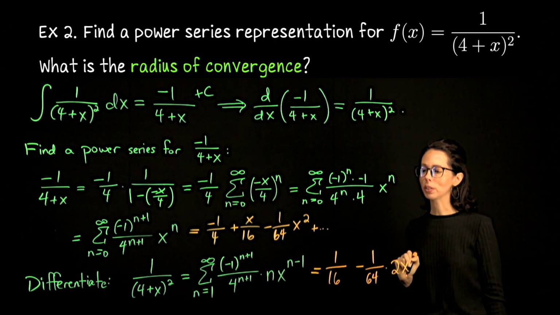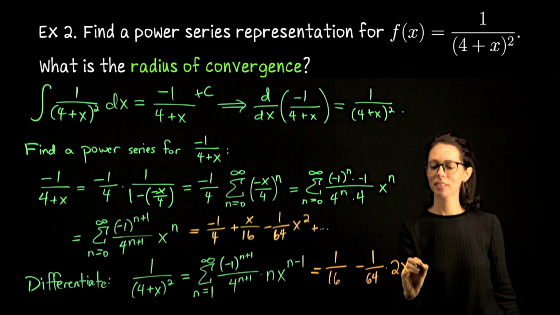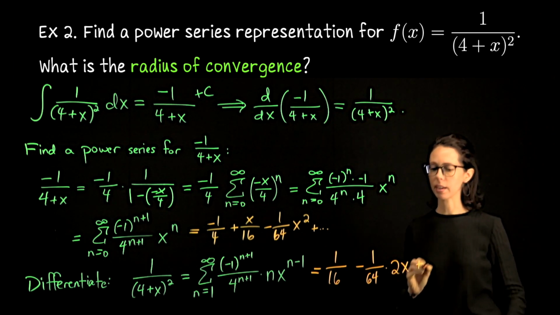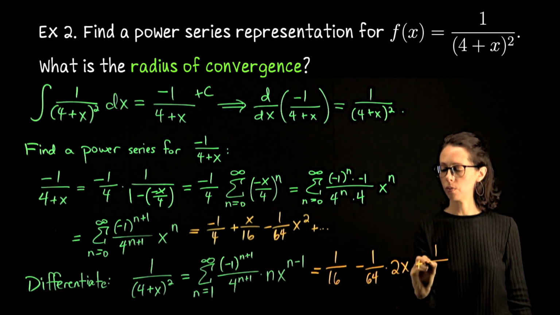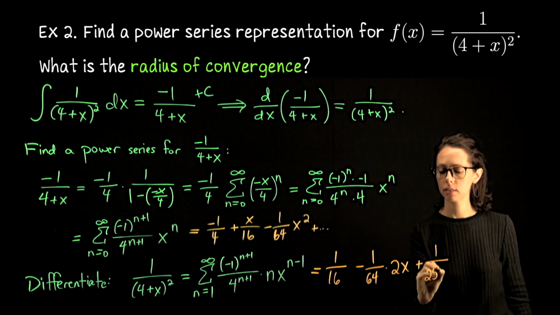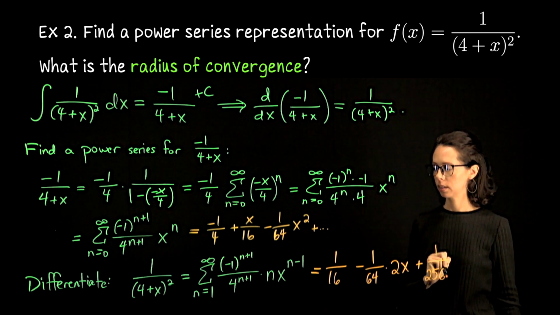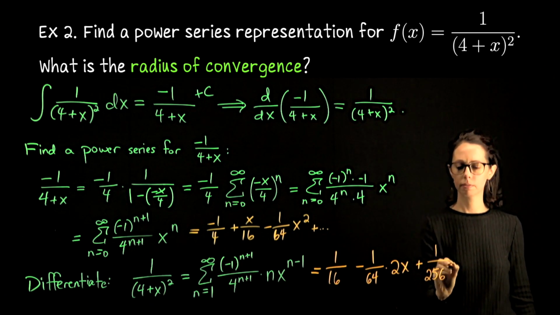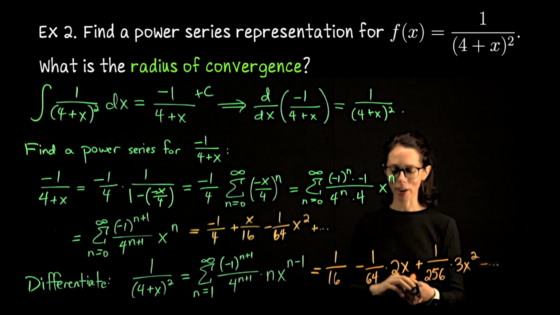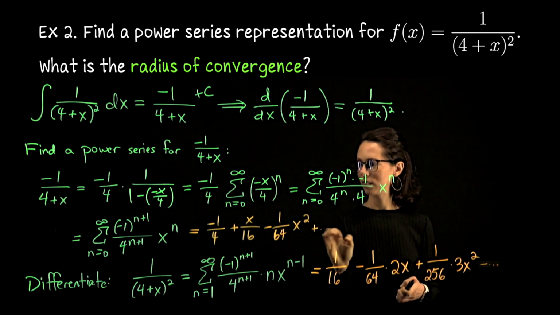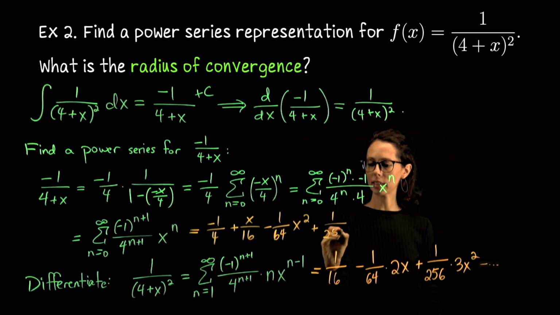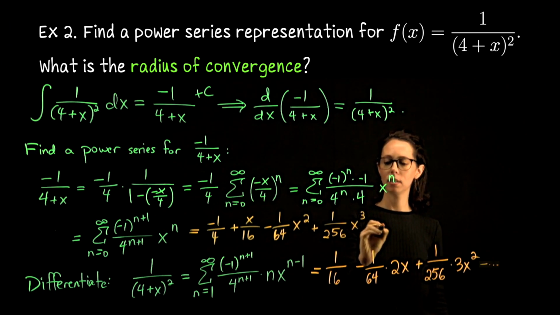When n equals 3, we're going to get positive 1 over 256 times 3x squared. Okay, that comes out of an expression we didn't see here. Let me write it. Okay, times 4 again, we get 1 over 256 x cubed like that.